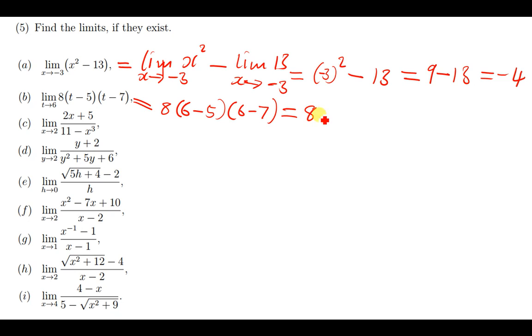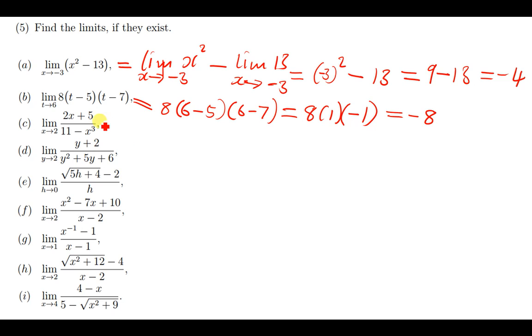So I have 8, and then we have 1 there. Then 6 minus 7, the answer is negative 1. So here the answer is negative 1, here the answer is 1. So negative 1 times 8, the answer is negative 8.